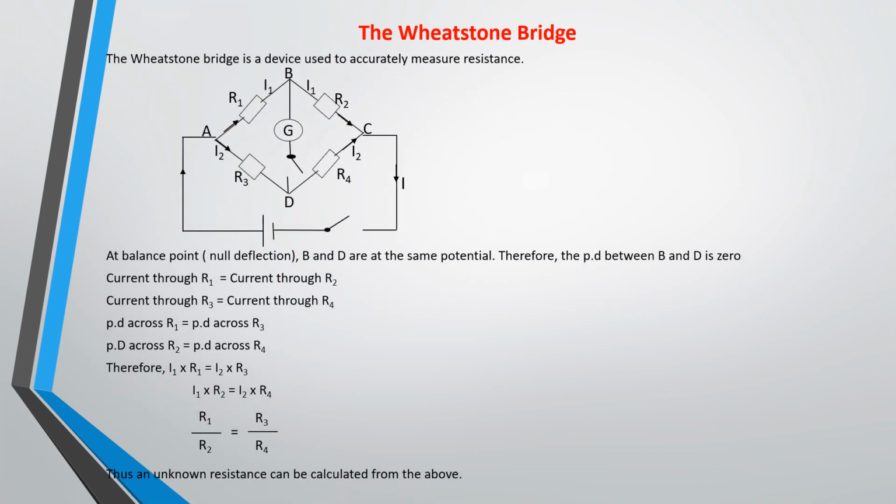Okay, so as I said, the Wheatstone Bridge is an instrument that is used to measure accurately the resistance of a cell. Okay, so if you look at the drawing, you see that it has different resistors that are connected, and then you have your galvanometer, then this is the key, and then this is your cell.